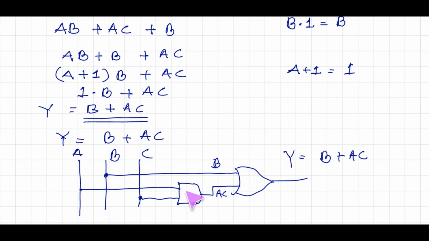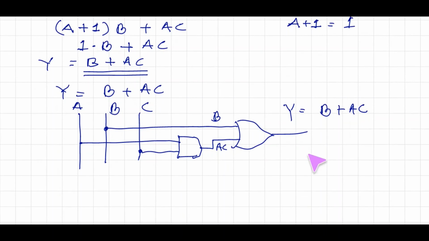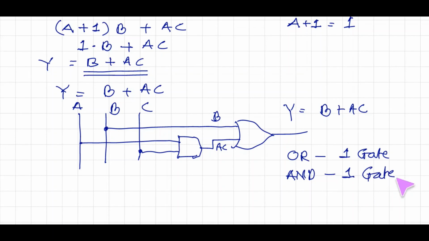Now observe that here we need only one OR gate, which is one gate, and this is an AND gate, which is one gate. So totally we are using only two gates and obtaining the same result.